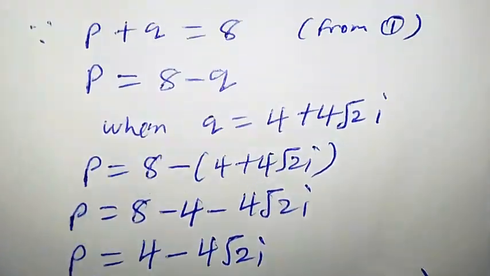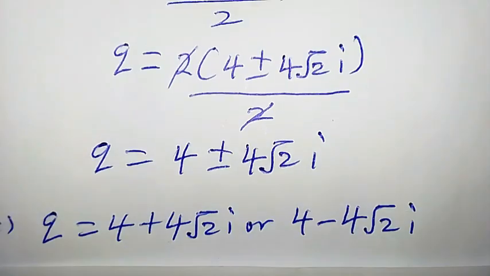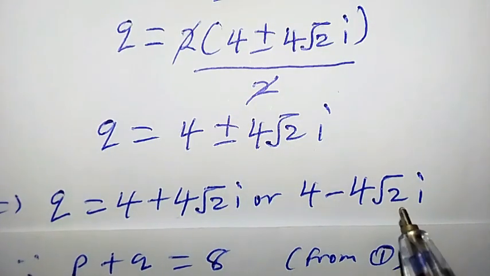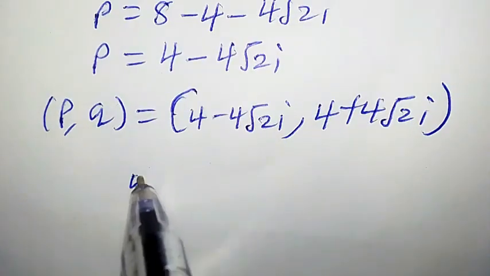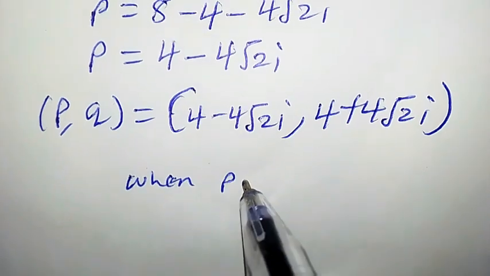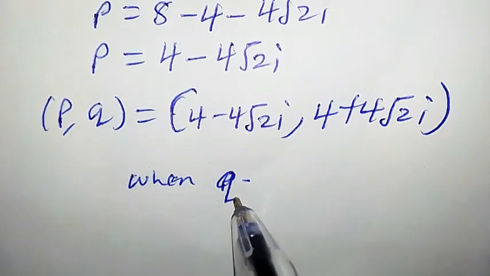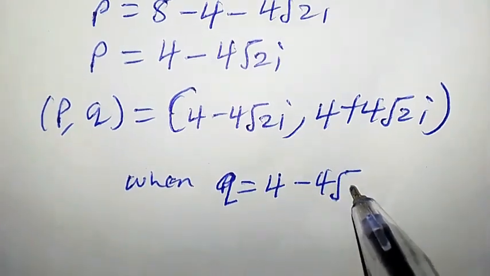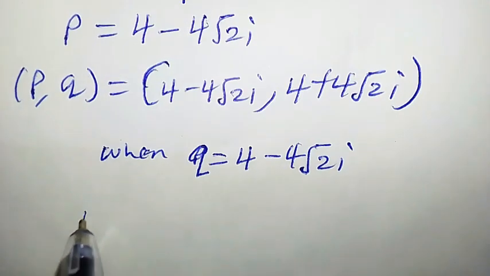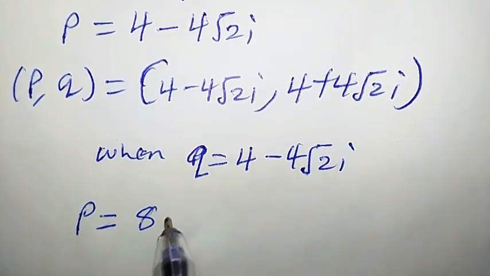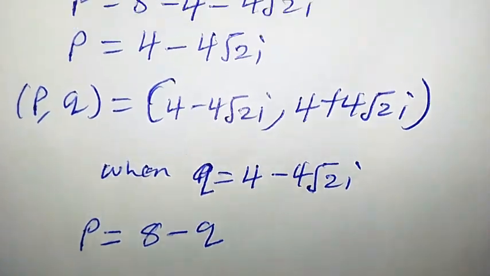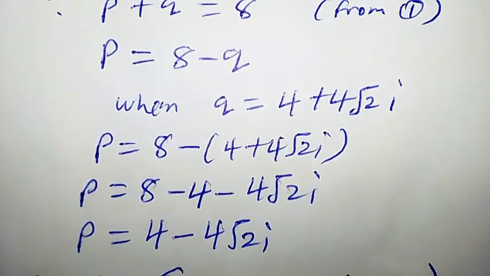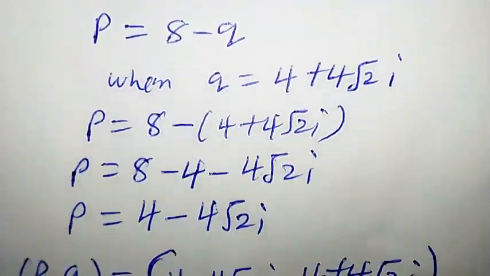Now, let us consider the case when Q equal to 4 minus 4 root 2I. So, P equal to 8 minus Q from this line. So, let's proceed further.